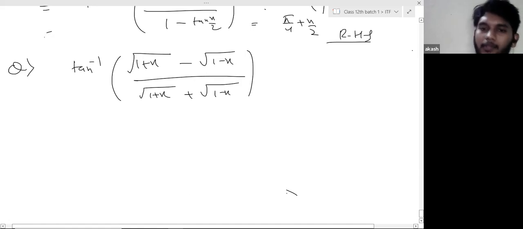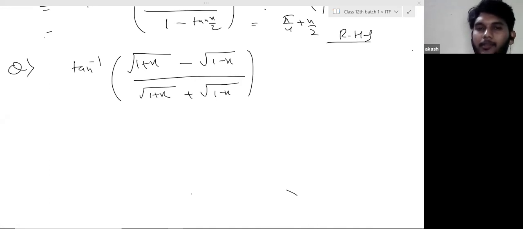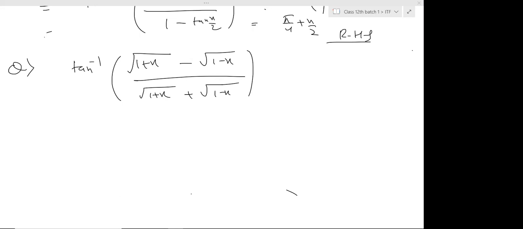Substitution, absolutely right. We have to substitute x equals cos theta. Is cos theta better or cos 2 theta better? It's the same thing, but which one is easier to calculate?